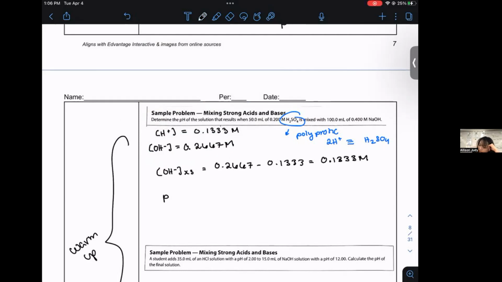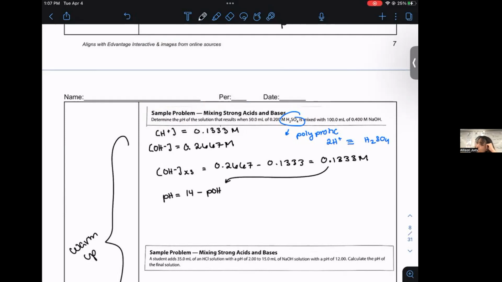And then what you would have done is, I would have just used pH equals 14 minus pOH. You could have also used Kw, either one would have been fine. You could easily find pOH from taking the negative log of 0.133. You could have also done Kw, but the problem is you'd have to go through kind of a whole cycle to find what the concentration of the acid is in terms of the water autoionization.